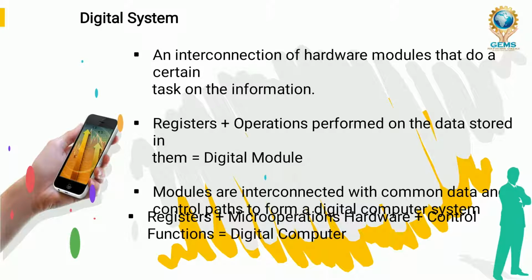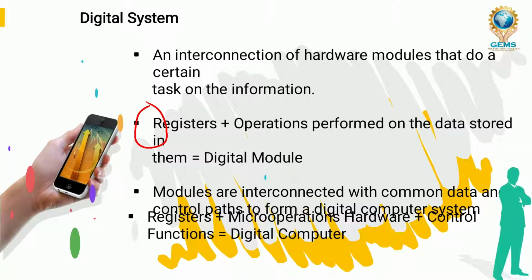Now look at the second point, register. We will see what a register is. I already discussed registers in my previous video lecture, but again I want to give a brief introduction.